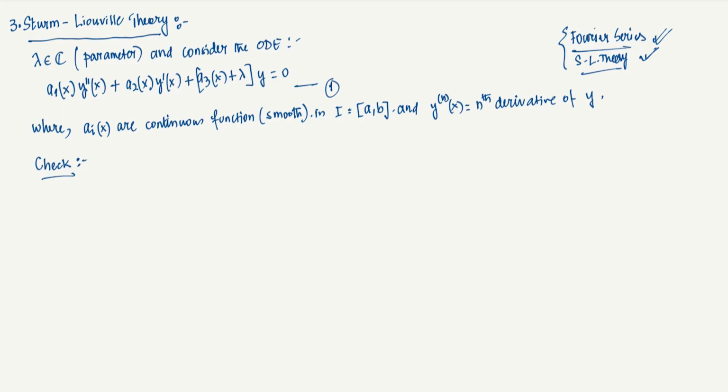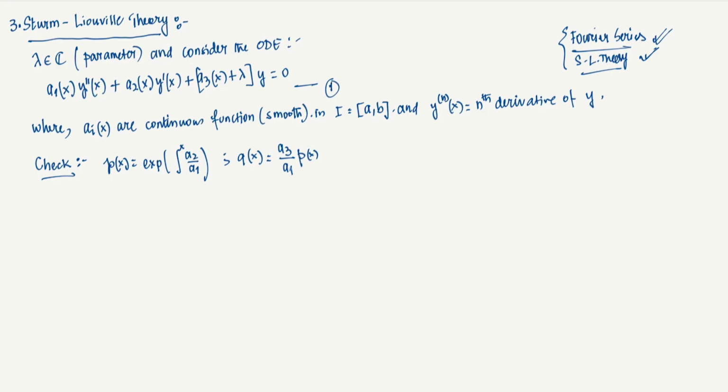So check that if you define P of x as the exponential of the integral of a2 by a1, with respect to x, and then Q of x to be a3 by a1 times P of x, of course.